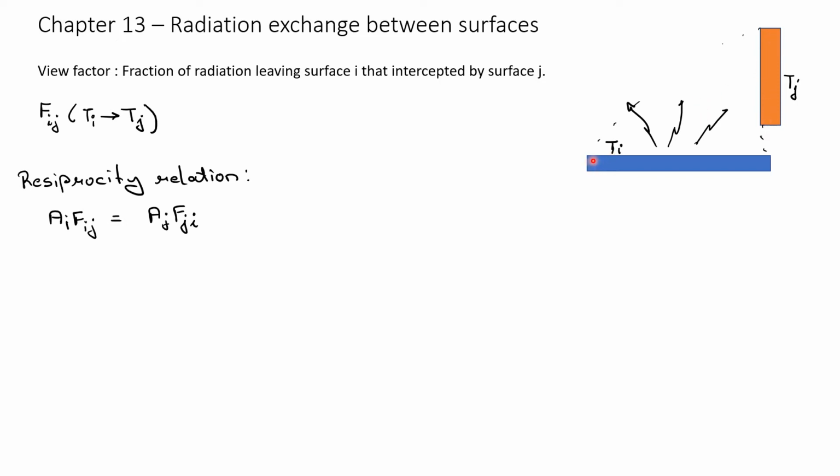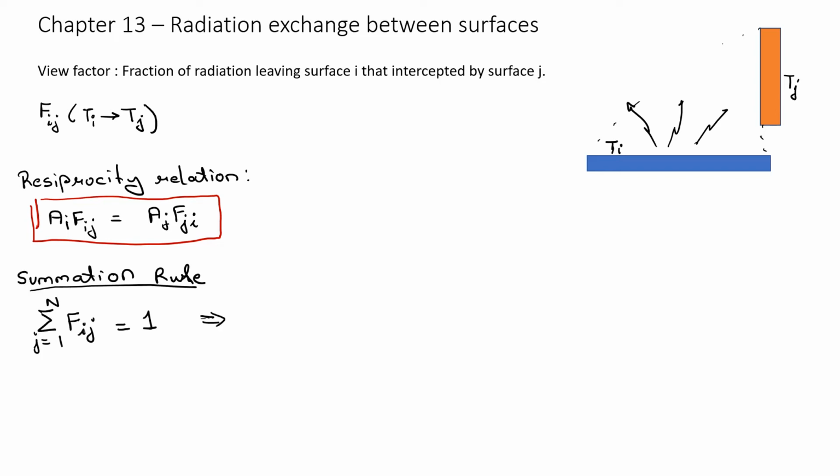That means the area of I multiplied by the view factor of how I views j is equal to the area of j multiplied by how j views I. This is a very important relation that we will be using often, so you always have to keep this in mind.